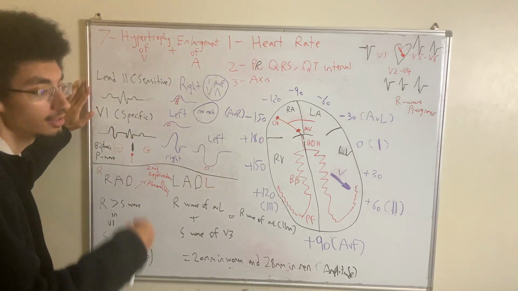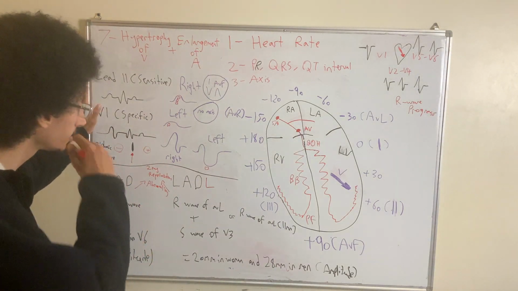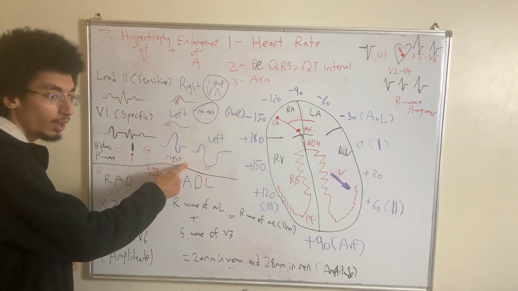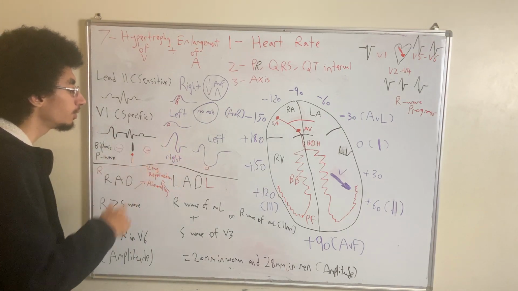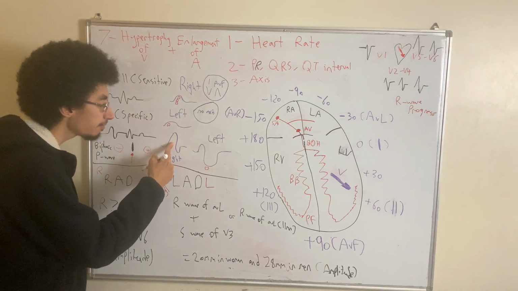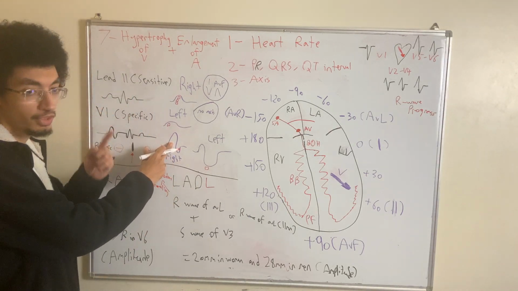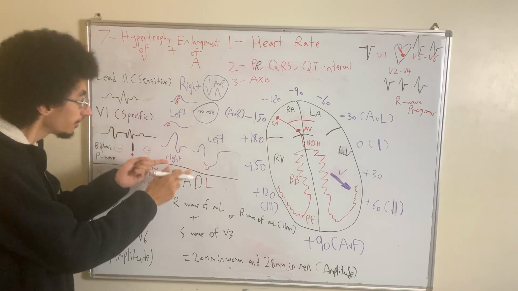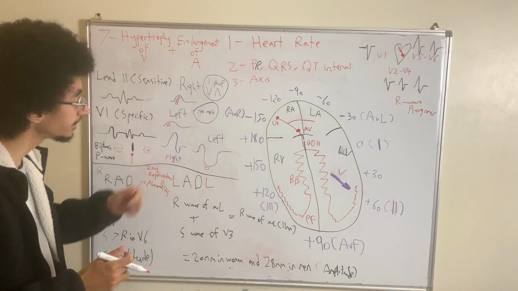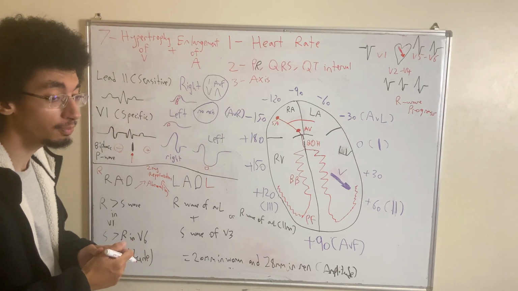In V1, the same concept. It is literally the same concept. Here we have the right atrial enlargement in V1. Notice how the amplitude of the first portion of the P wave is much larger than the terminal portion of the P wave.